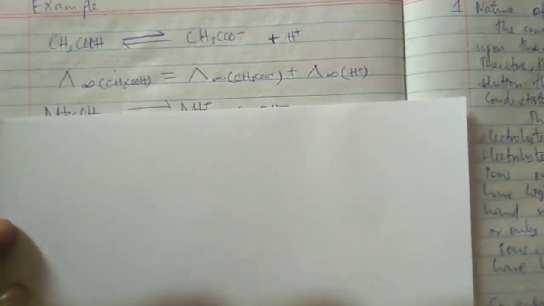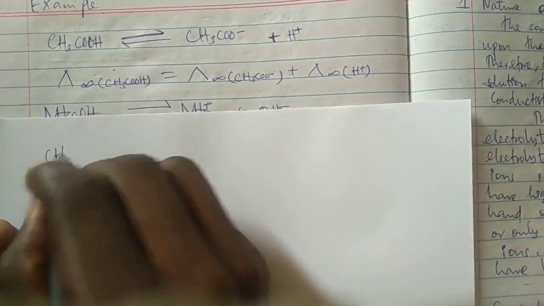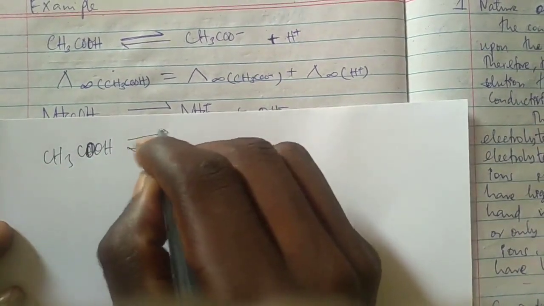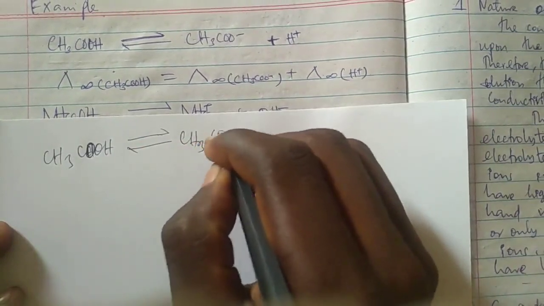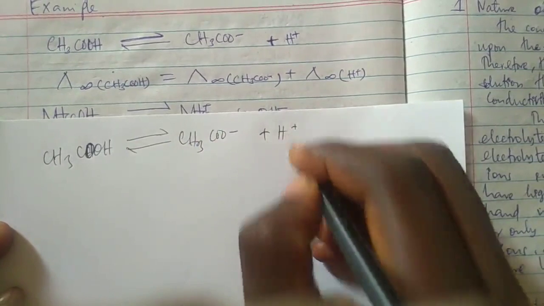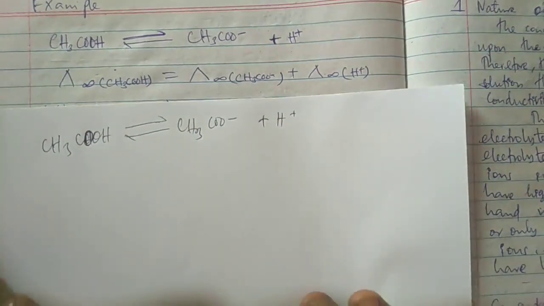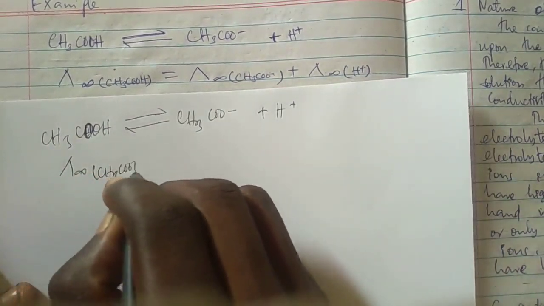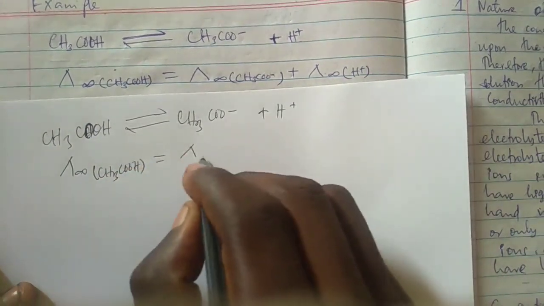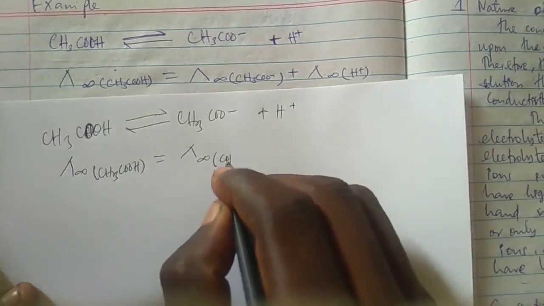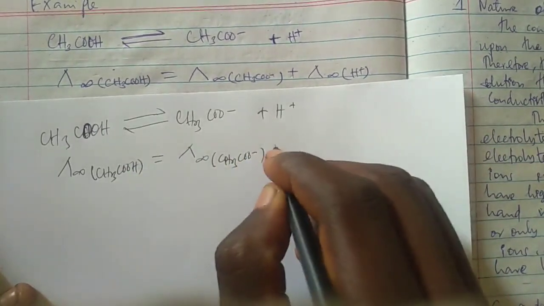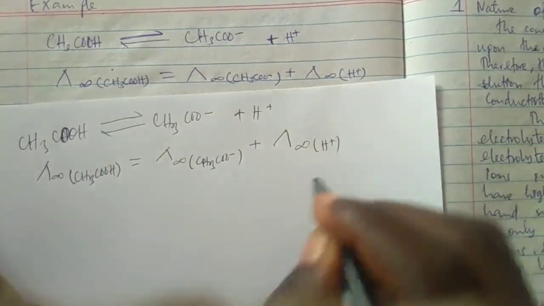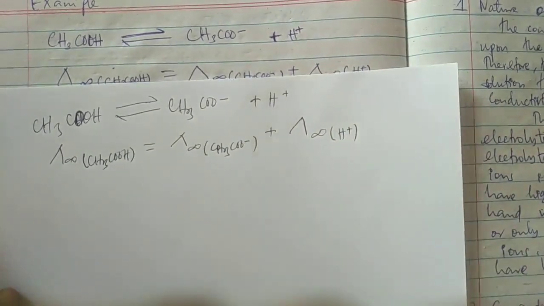For weak acetic acid we have CH3COOH in equilibrium with CH3COO dash plus hydrogen ion. From Kohlrausch's law, molar conductivity at infinite dilution of acetic acid is equal to molar conductivity at infinite dilution of ethanoate ion plus molar conductivity at infinite dilution of hydrogen ion. That is how Kohlrausch's law goes.